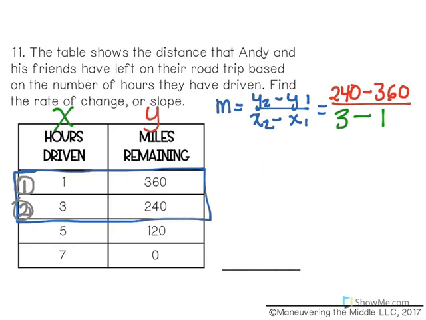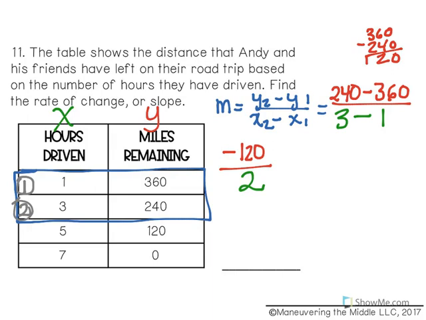Well, 240 minus 360 is going to give me a negative integer. And I'm going to subtract them. And I will notice that I get negative 120. And my x, 3 minus 1 is 2.